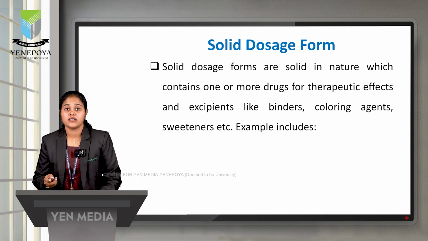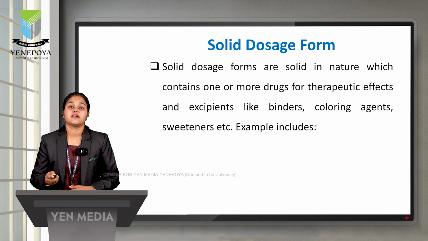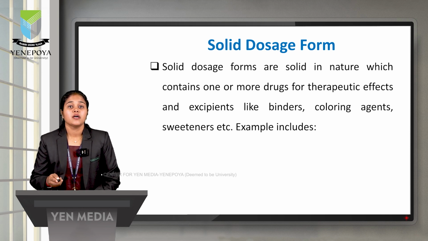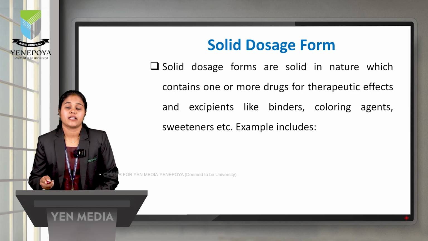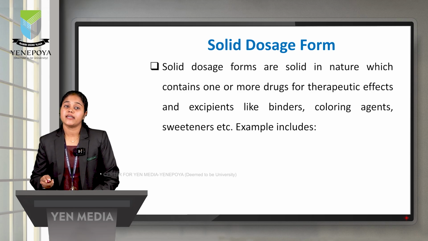The first is solid dosage form. Under the main classification, the first is solid dosage form. Solid dosage forms are solid in nature, as the name tells, and contain one or more drugs for therapeutic effect, meaning one or more APIs, that is, active pharmaceutical ingredients, which are mainly responsible for the therapeutic effect.